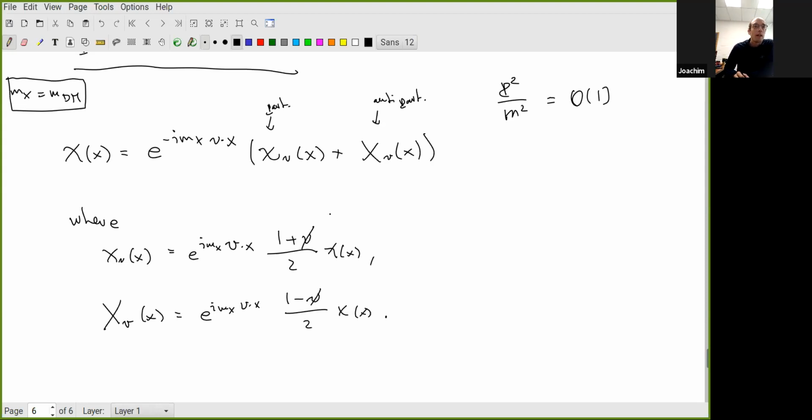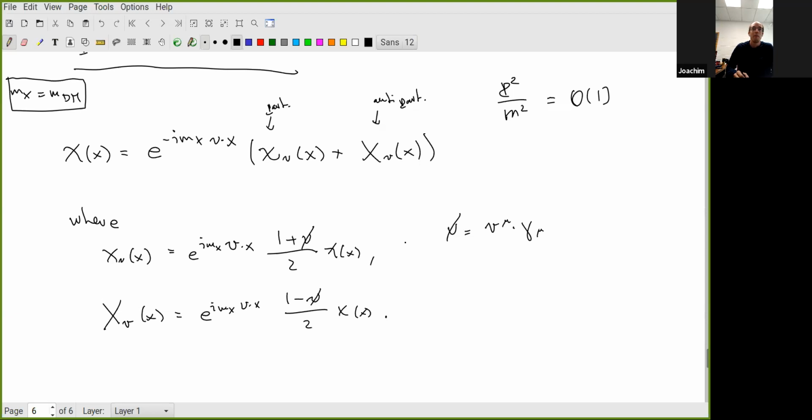These are the scale factors that get rid of this mass piece. And then (1 plus v slash)/2, where v, remember, is just the four-velocity, and v slash is the notation for v contracted with a gamma matrix. These are projectors that project onto the particle components of these spinors.